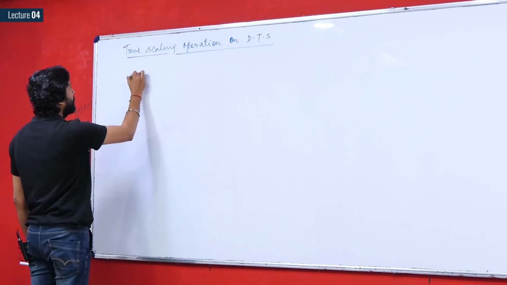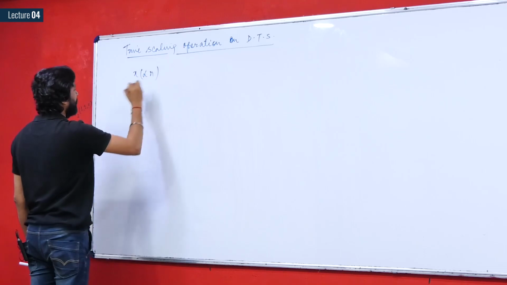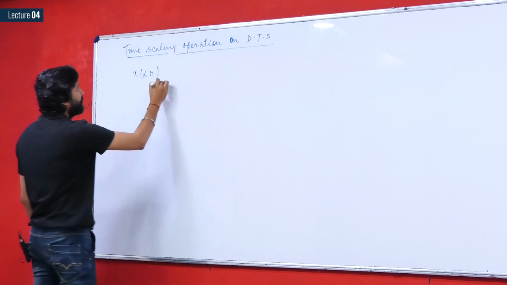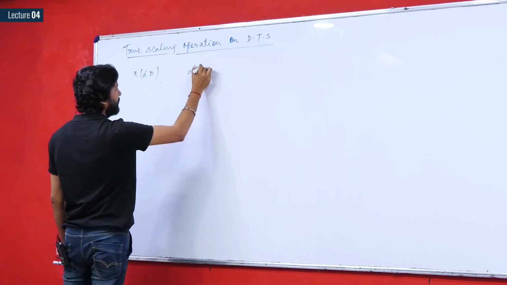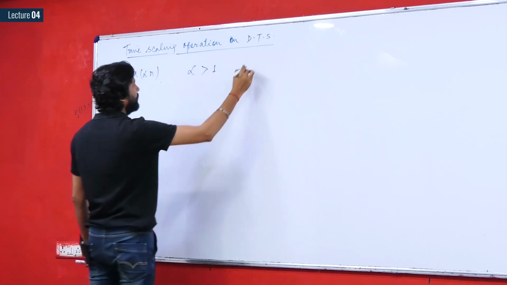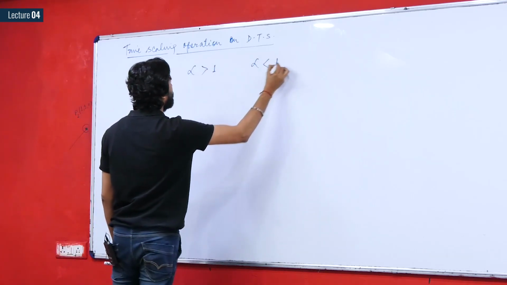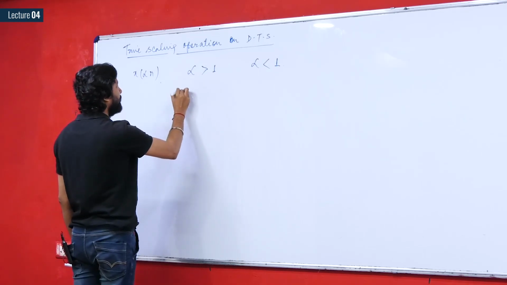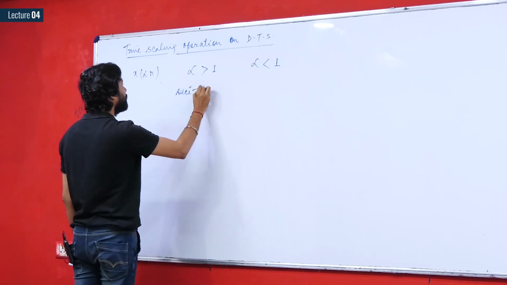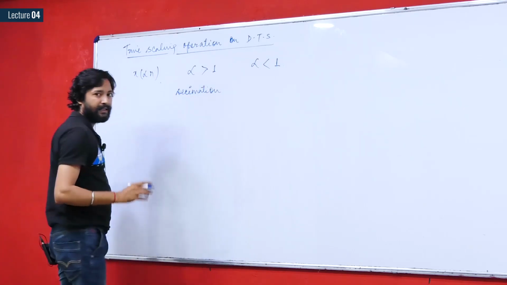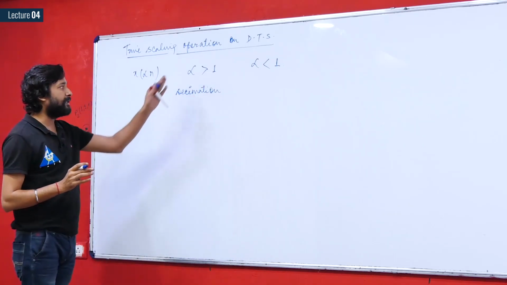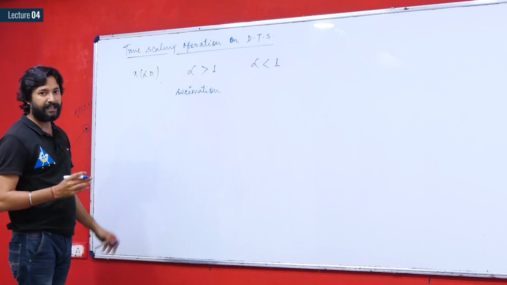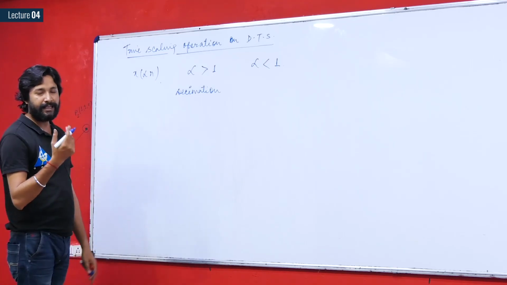Again, if alpha is greater than 1 and alpha less than 1, there will be two cases. If alpha is greater than 1, then the procedure is said to be decimation, similar to alpha greater than 1 in the case of continuous time signals. What happens in continuous time?